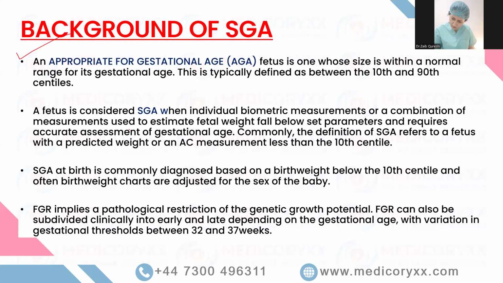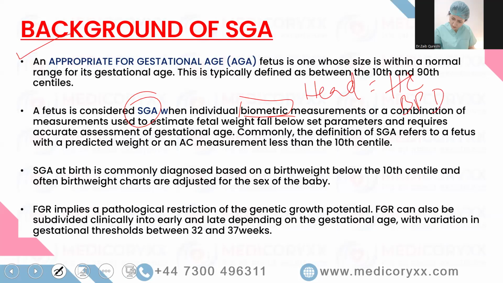So a fetus is considered small for gestational age when individual biometry... What do we understand from this word biometry? Biometry is the ultrasound in which we are going to see the fetus as a whole body. We are going to check certain parameters. We are going to check the head with HC, or with biparietal diameter, BPD.